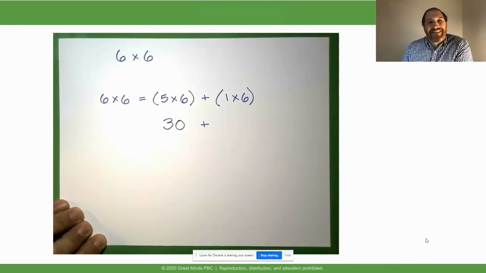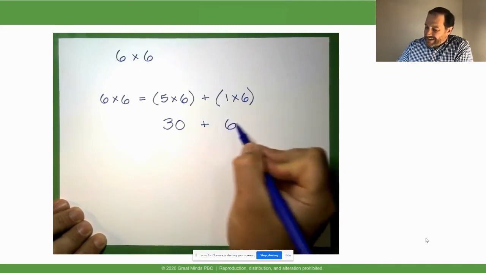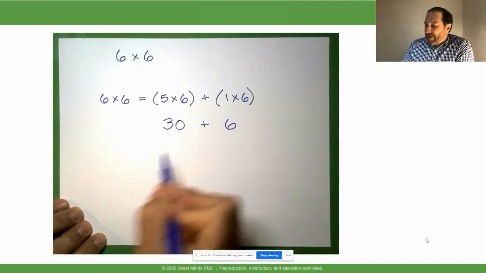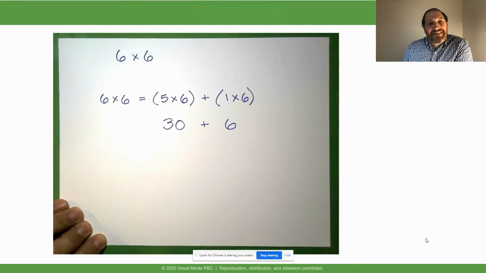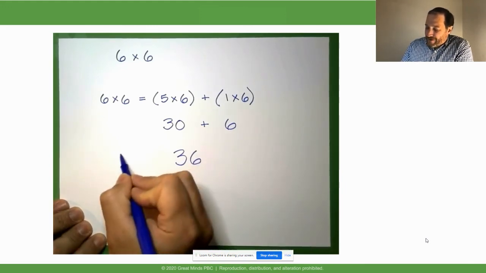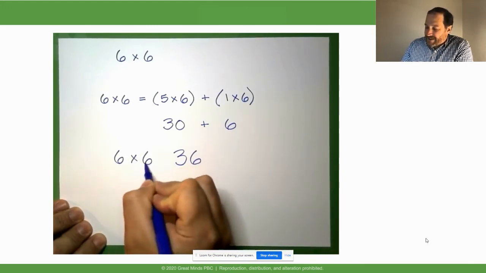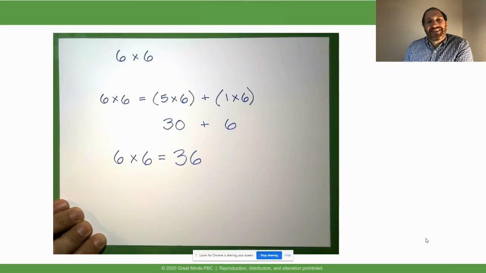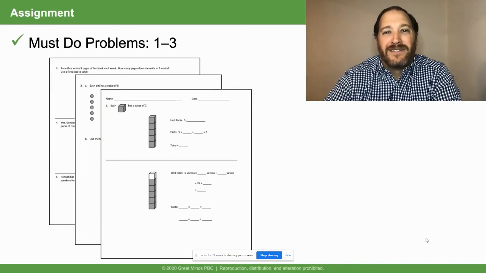And what's 1 times 6? You got it, 6. And what's the value of 30 plus 6? That's right, 36. Therefore, 6 times 6 equals, that's right, 36.